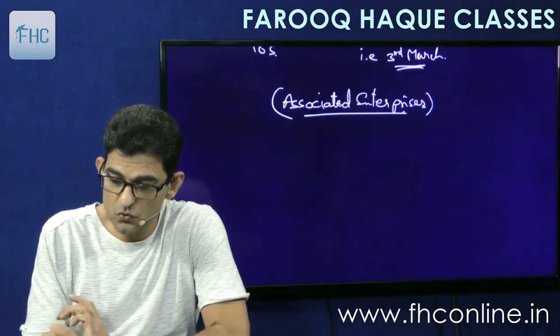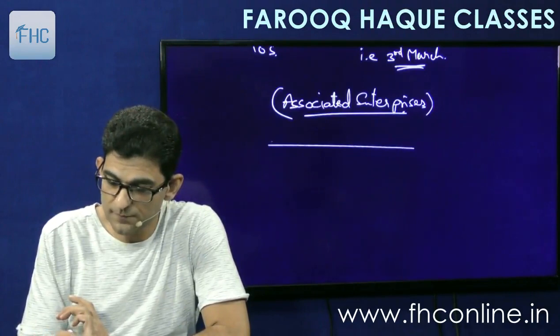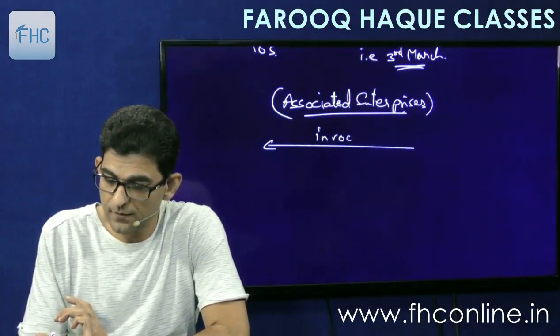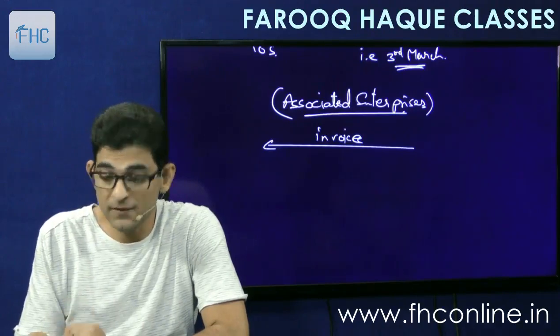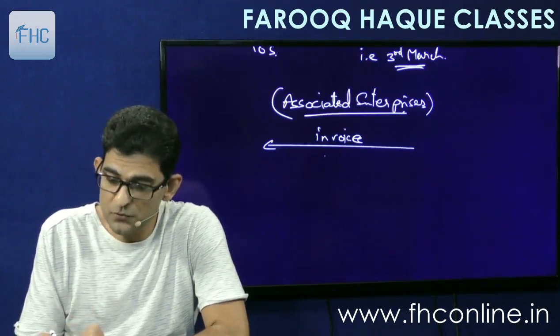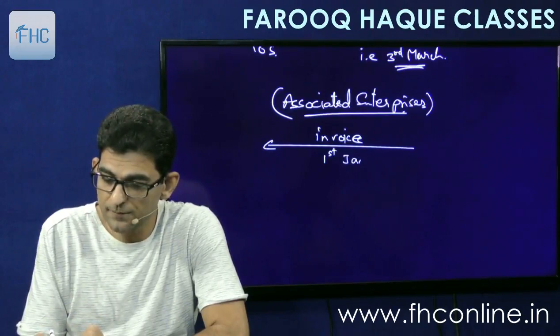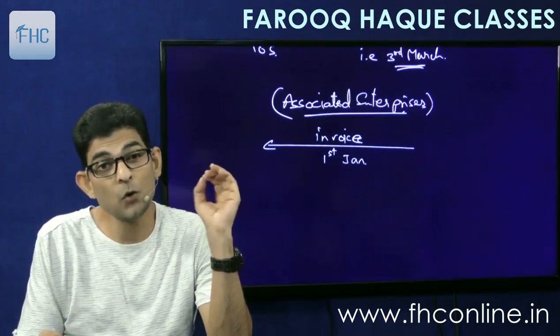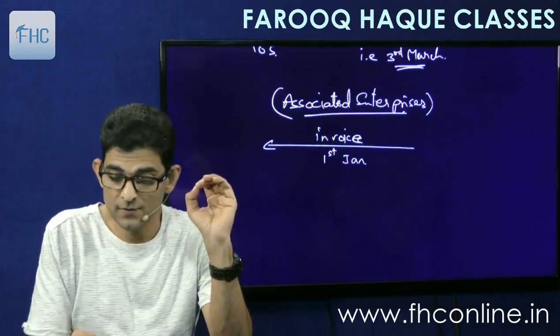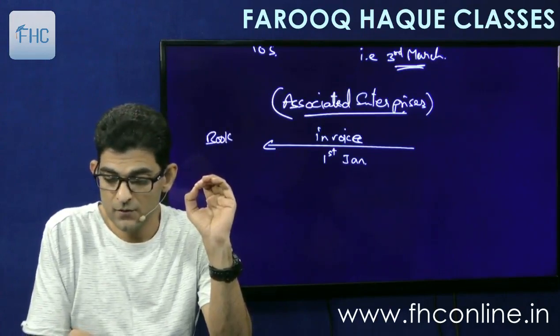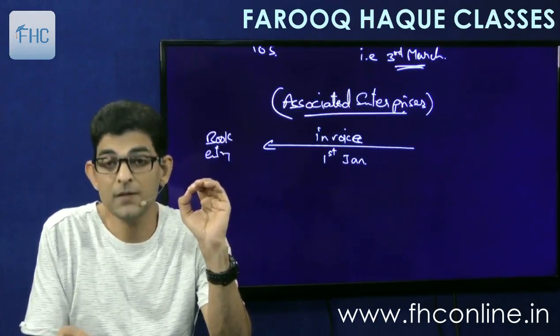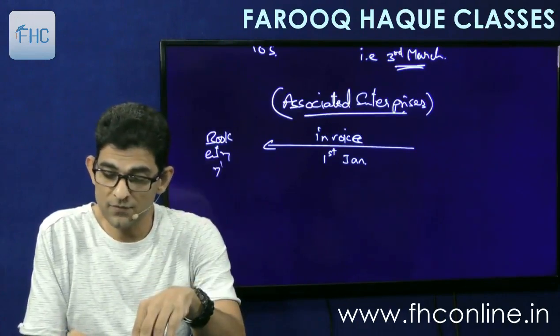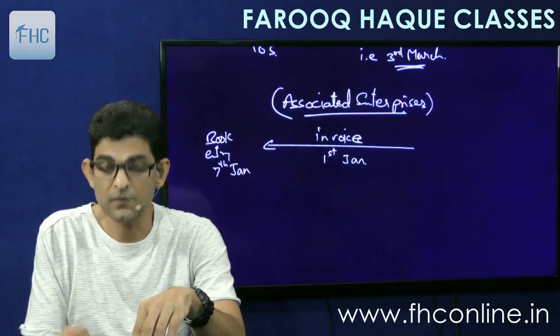okay, so there is an invoice issued by the foreign party. The invoice is suppose issued on 1st of January. It comes here, and the recipient will record it in the books. So he records the book entry on 7th January.